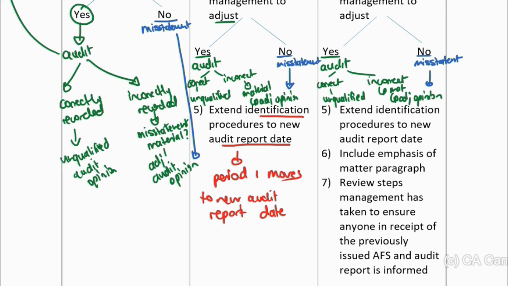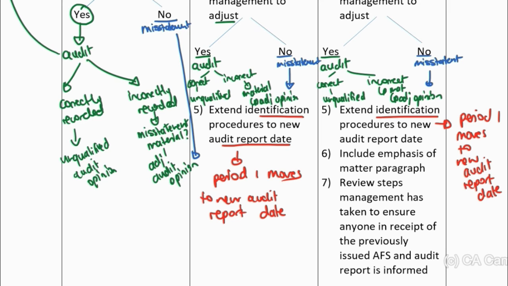Same thing if it happened in period 3. Because of my new audit report, I have to go and extend the identification procedures because period 1 moves to the new audit report date.